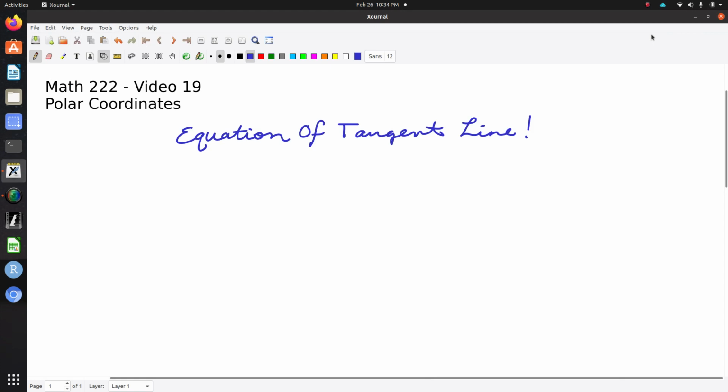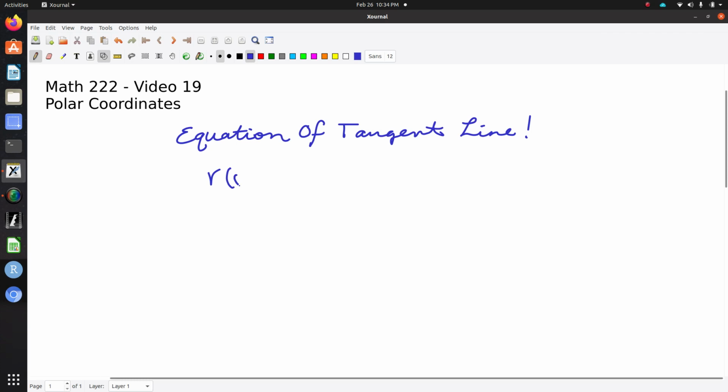Okay, and last but not least, you're going to be asked to find the equation of the line tangent to some things. So r, in your case, is equal to theta.